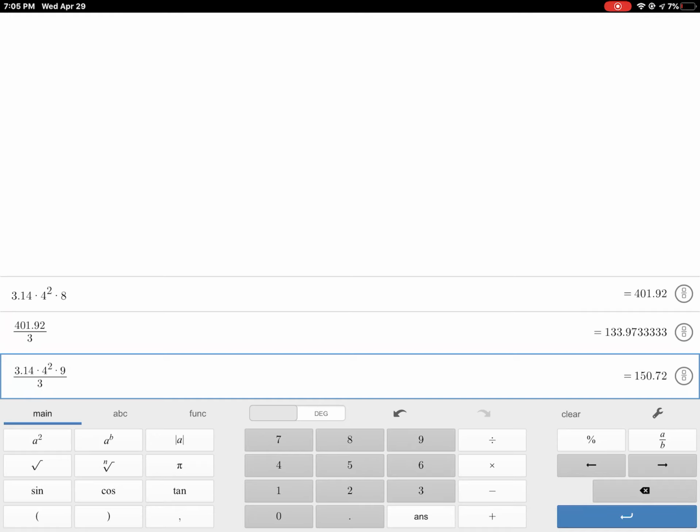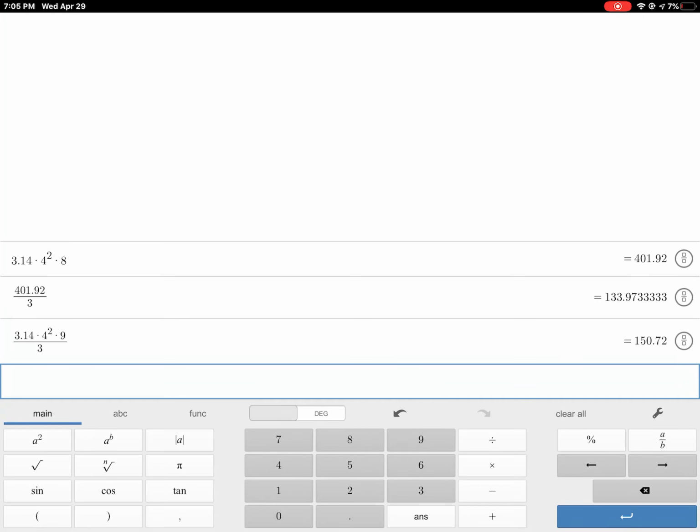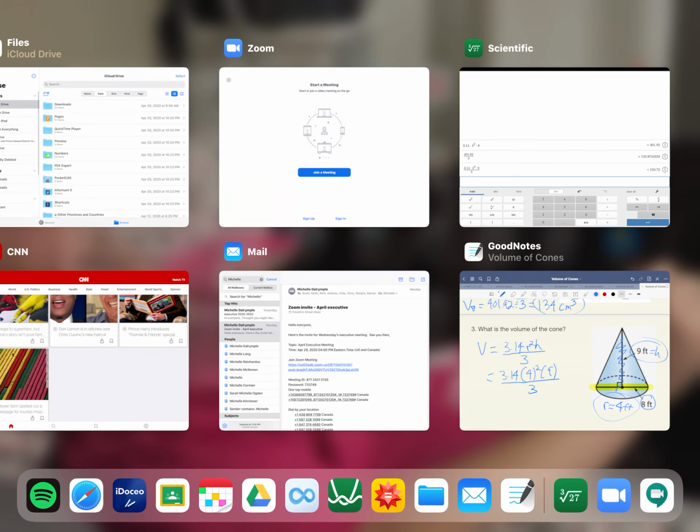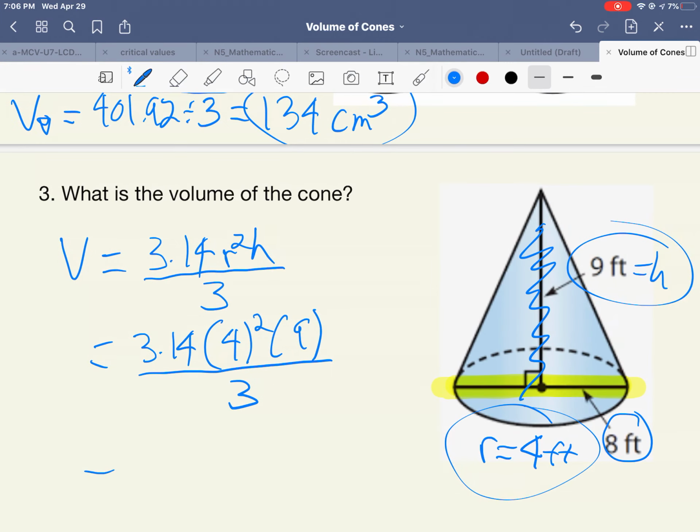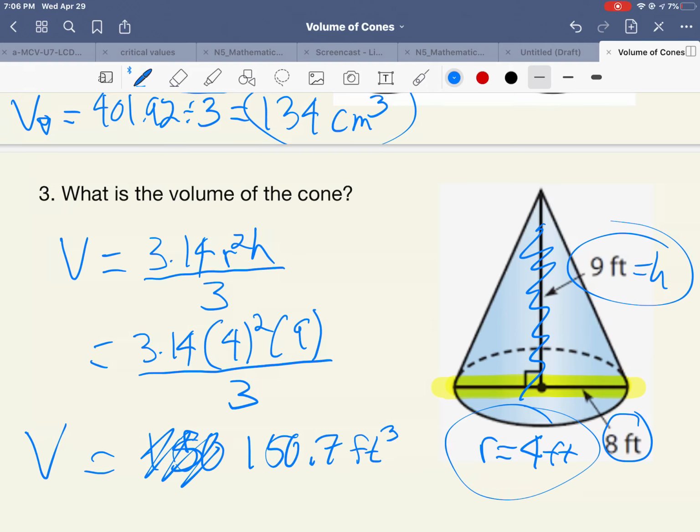The top part is just the volume of a cylinder, and then I divide by 3 to turn it into a cone. Hit enter, and the answer is 150.7. That's going to be feet cubed. The volume of our cone.